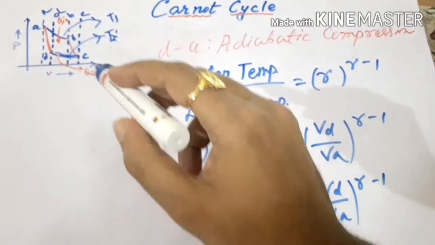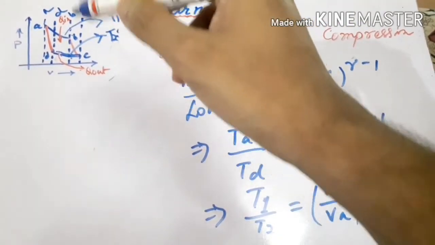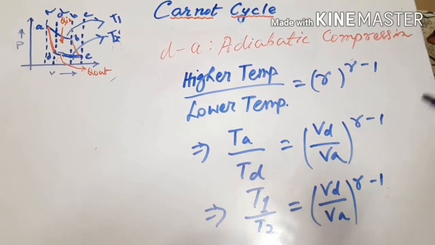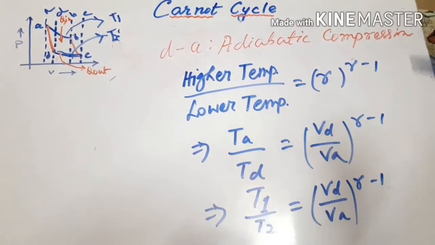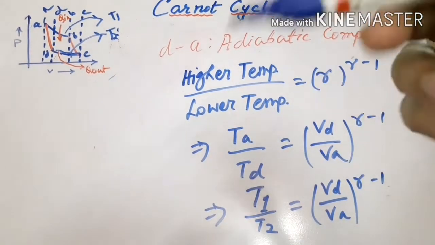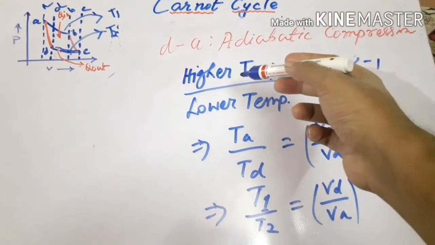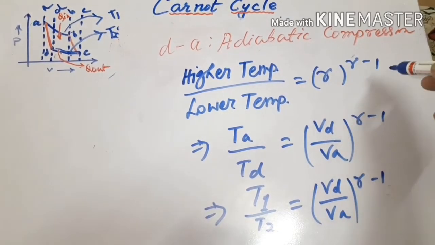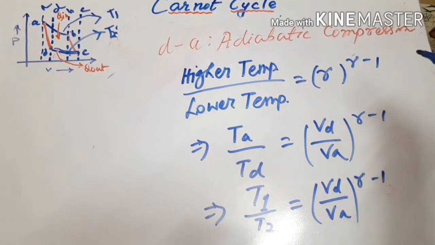As for B to C, where we used the adiabatic expansion process and the relation between temperature and expansion ratio, here also we will use another relation of temperature and compression ratio, that is higher temperature by lower temperature is equal to R to the power gamma minus 1. Gamma is the adiabatic index, whose value is 1.4 for air.